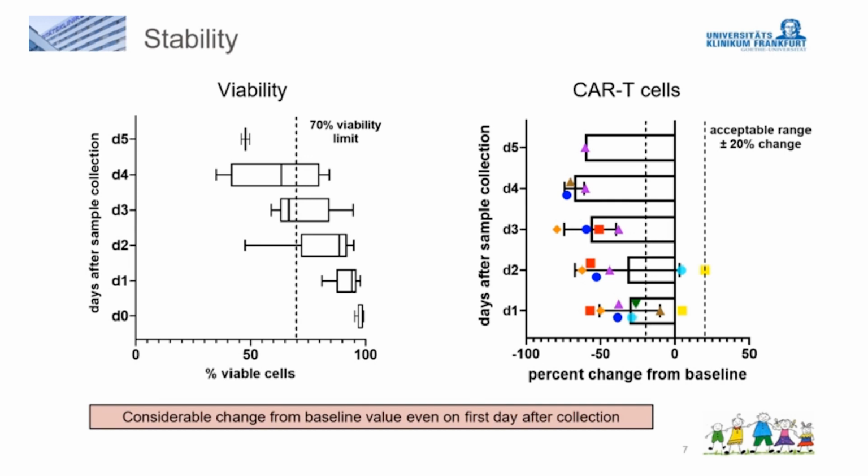When determining the stability, we had rather expected an increase due to non-specific binding and were quite surprised that this was not the case. And yet it is quite a reduction in CAR T cells when working with mailed-in samples.